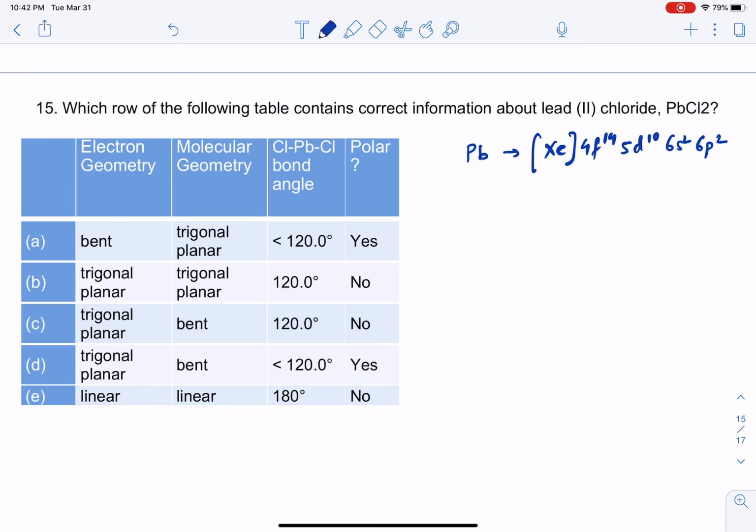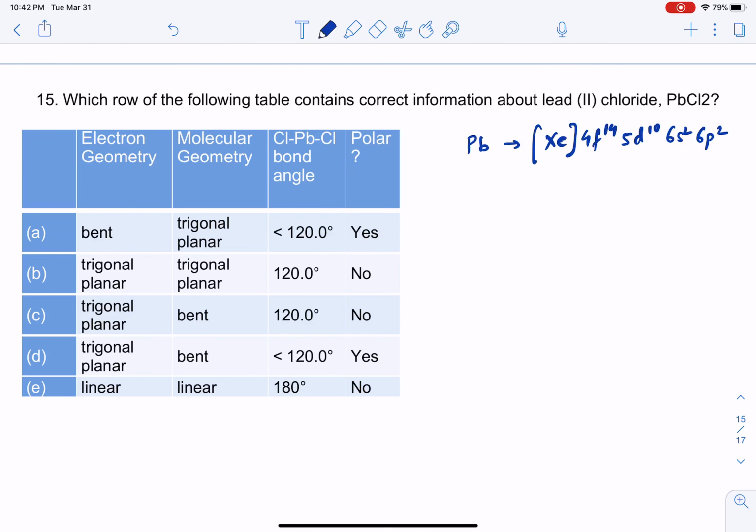Now we can see that it has 4 electrons in the valence shell. So let's say Pb has 4. The others can't be used because they're already fulfilled. Then Pb has 4 and Cl has 7. We have 2 such chlorines, so it's 14. Total becomes 18.